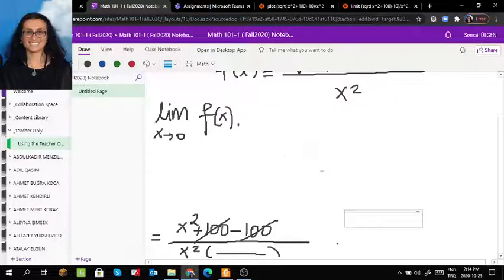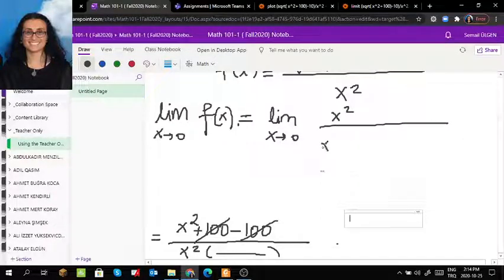After I did that, what's the limit of this? I'm going to say the limit as x approaches 0. I have x squared over x squared times the square root of x squared plus 100, plus 10, right?